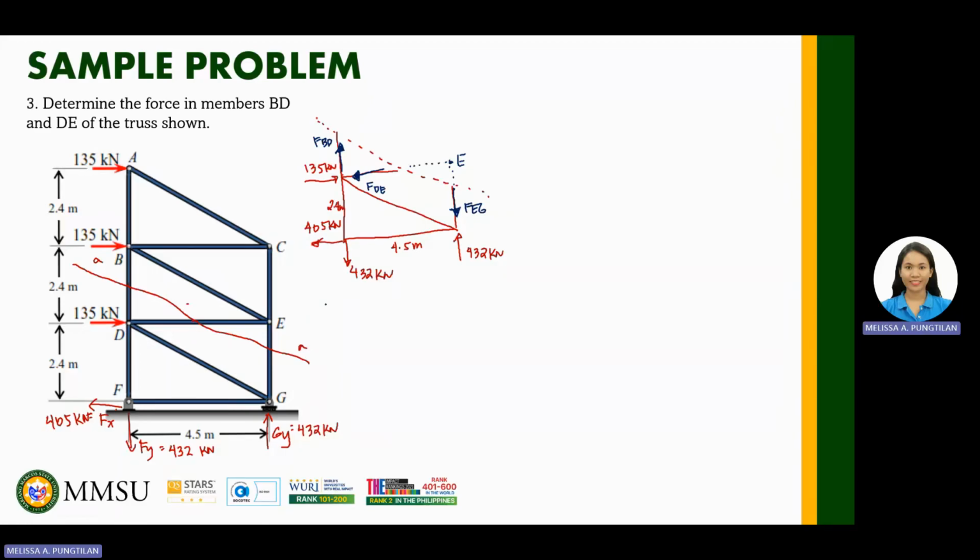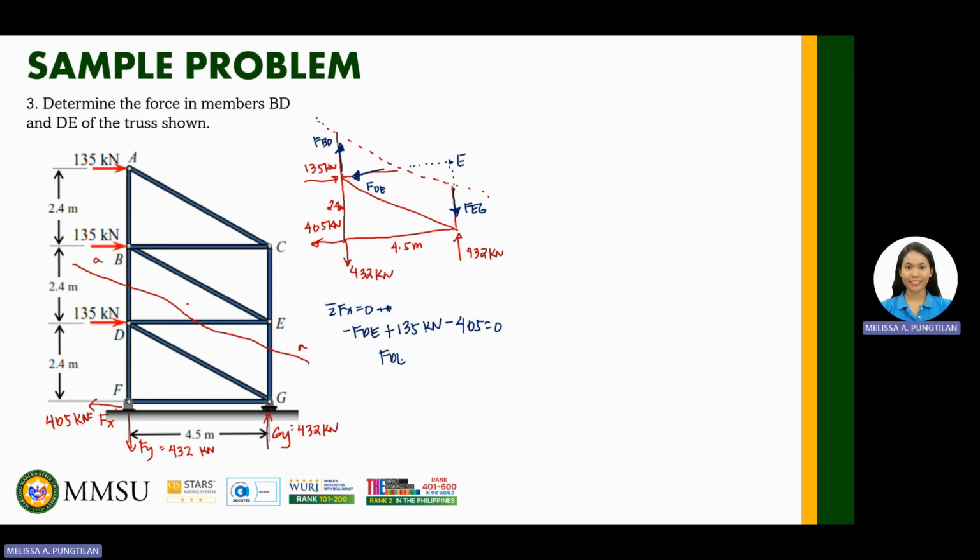Okay. Dito, pwede natin gamitin agad yung summation of forces X is equal to 0 to the right as positive. Why? Because the other two forces here are vertical. Both vertical. So, cancel out agad. Taking the summation of forces X is equal to 0, to the right positive. So, we have negative FDE plus 135 kilonewton, then external, and then yung support reactions natin to the left, so minus 405, is equal to 0.